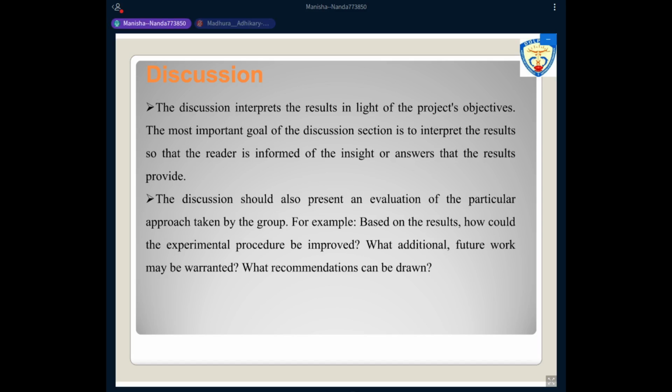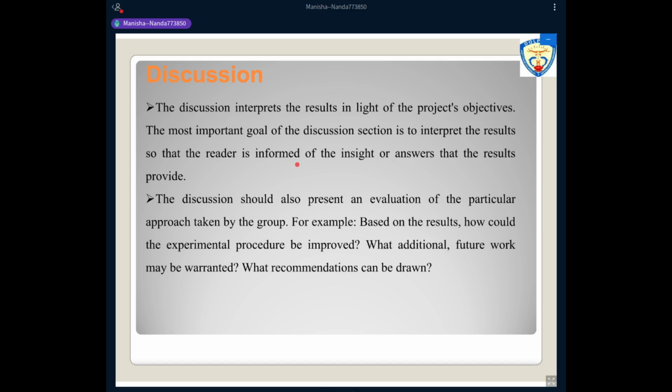So now, if we have a separate discussion section, or even if you are writing it along with the results, then here I'll tell you what actually the discussion should tell about. The discussion interprets the results in the light of the project's objectives. The most important goal of the discussion section is to interpret the results so that the reader is informed of the insight or answers that the results provide, right?